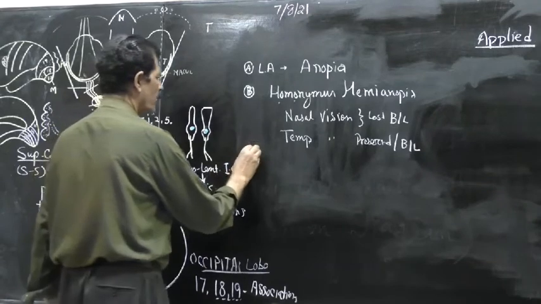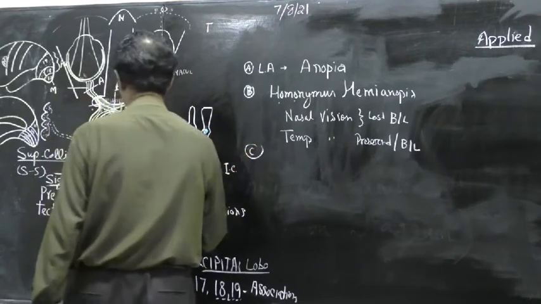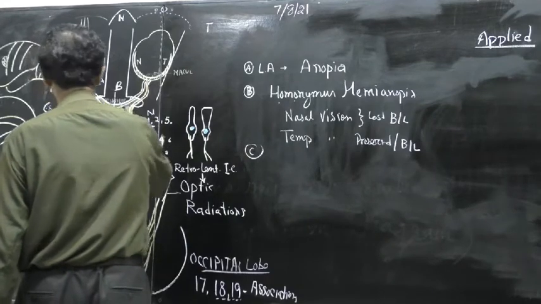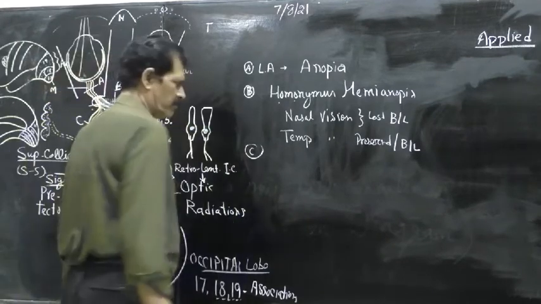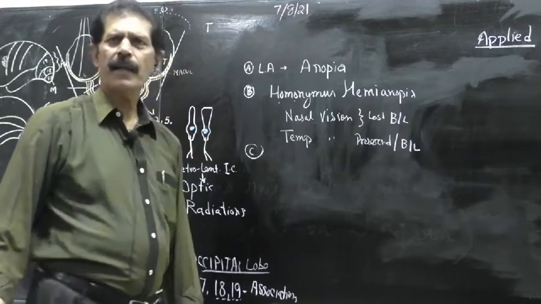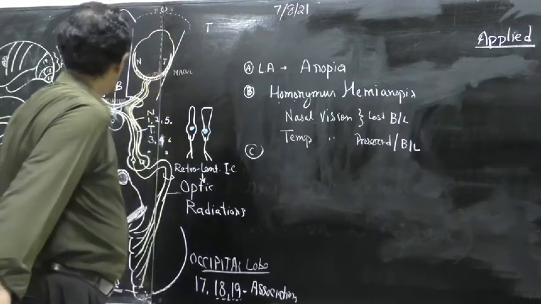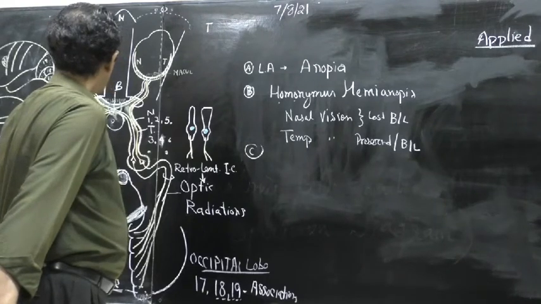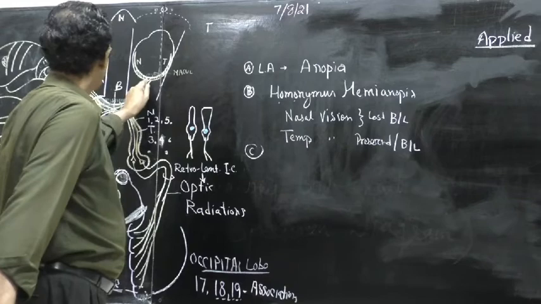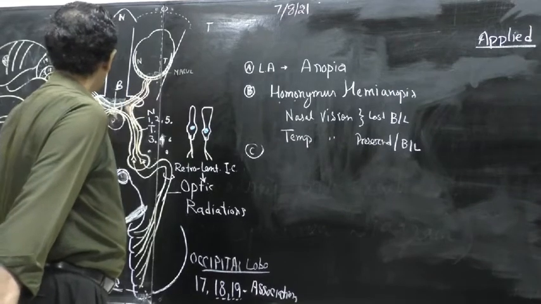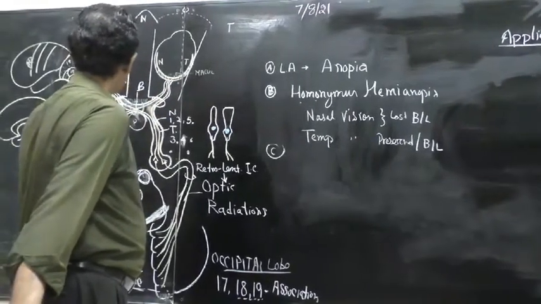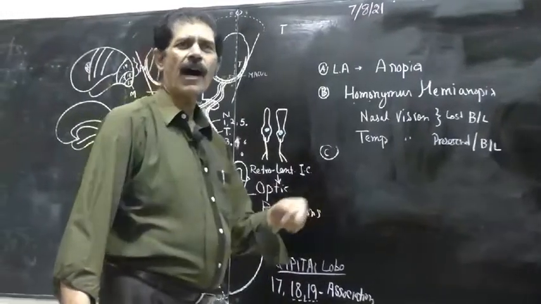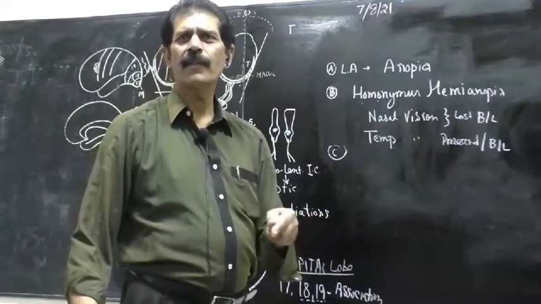The third level of injury of the optic pathway is C. That is when the optic tract is cut. So when the optic tract is damaged at C, if it is on the left side, there will be loss of the nasal vision of the right eye and loss of the temporal vision of the left eye. So again, half of the vision of the right and half of the left is lost.